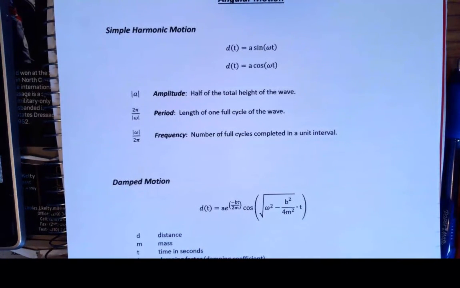Okay, so amplitude is still half the total height of the wave. The period is still going to be found by dividing 2 pi by the coefficient on t. And then frequency is going to be how many cycles are completed within 2 pi, which would be the original period. Okay, so it's essentially going to tell you how fast or how slow this is going.